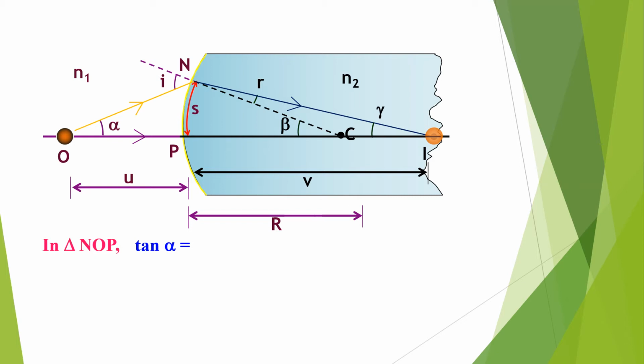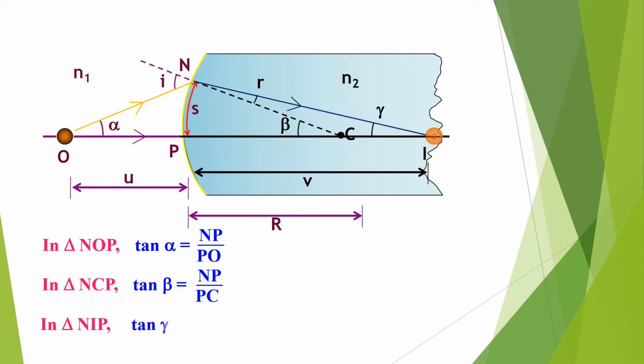So in triangle NOP, tan alpha is equal to NP divided by PO. Similarly, in triangle NPC, tan beta is NP divided by PC, and in triangle NPI, tan gamma is equal to NP divided by PI.